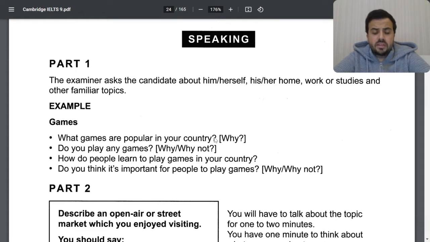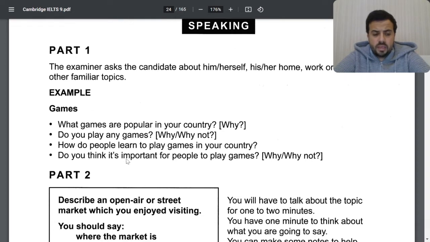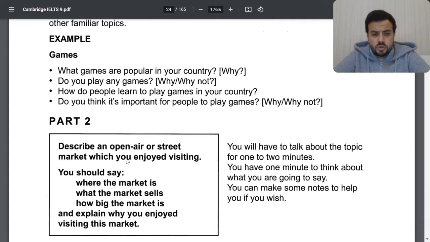Maybe it's something that you will teach to your children in the future, and you tell them that actually you have learned this from your parents, and now you teach this game to your children, and it's a way to connect with all family members. So, this is just some examples about how to answer these questions. Okay, let's go to part two.